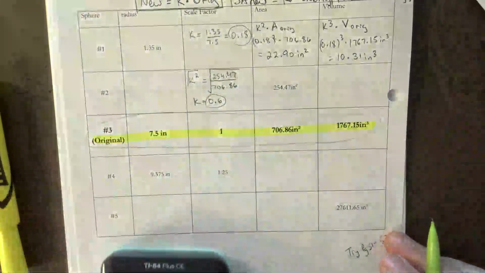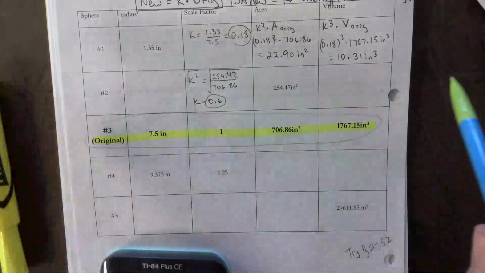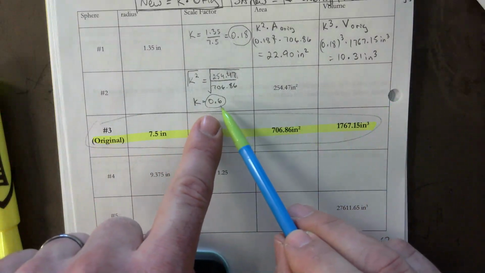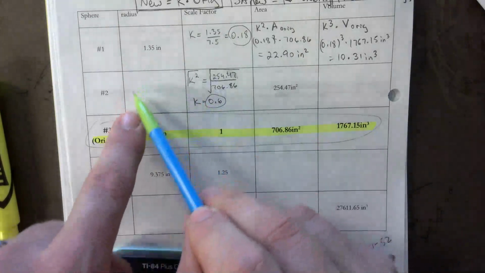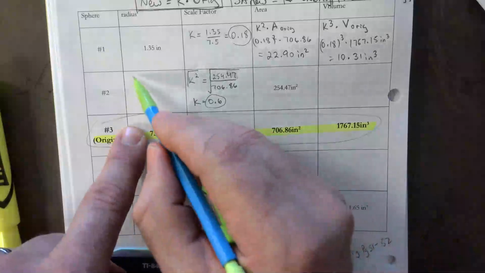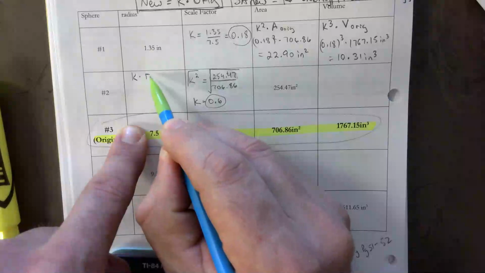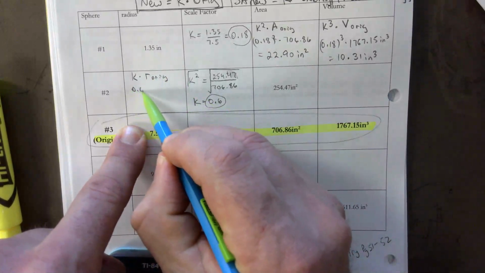Boom, you got it. So the key is find the scale factor, then move out to the sides and fill in the rest. For example, the second one, the scale factor is 0.6. How would I find the new radius? It's just K times radius of original. It's just 0.6. You're not squaring.